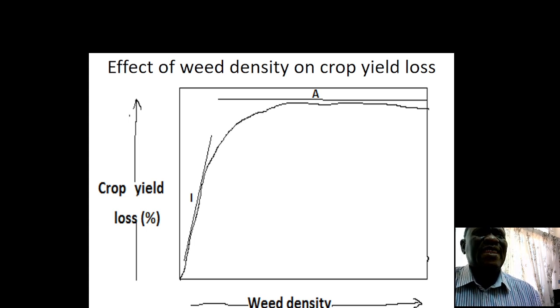Now, with this kind of a graph, you can identify two areas: maximum yield loss, which is represented by A on the graph, and the slope, which is represented by I. Those two parameters can be allocated to a weed, and they can be called competitive indices.